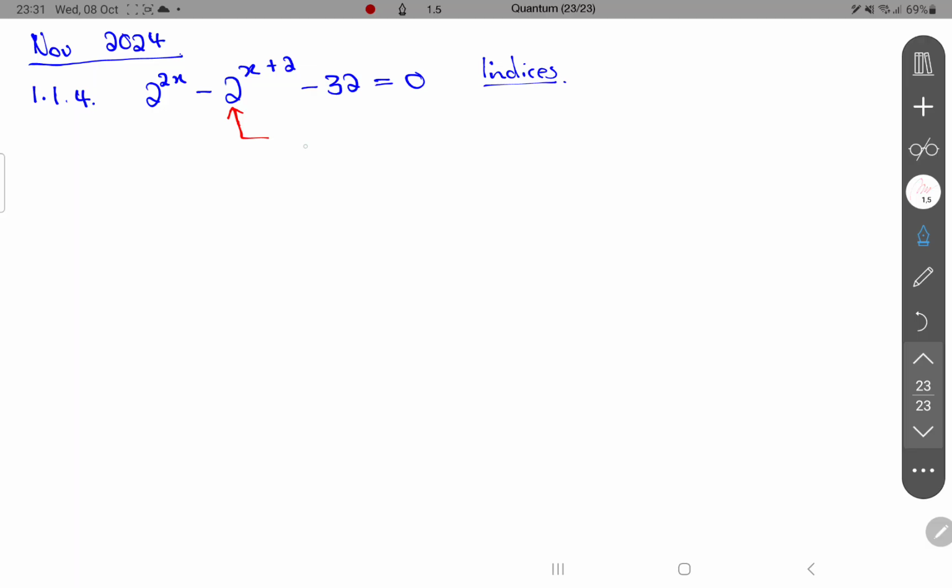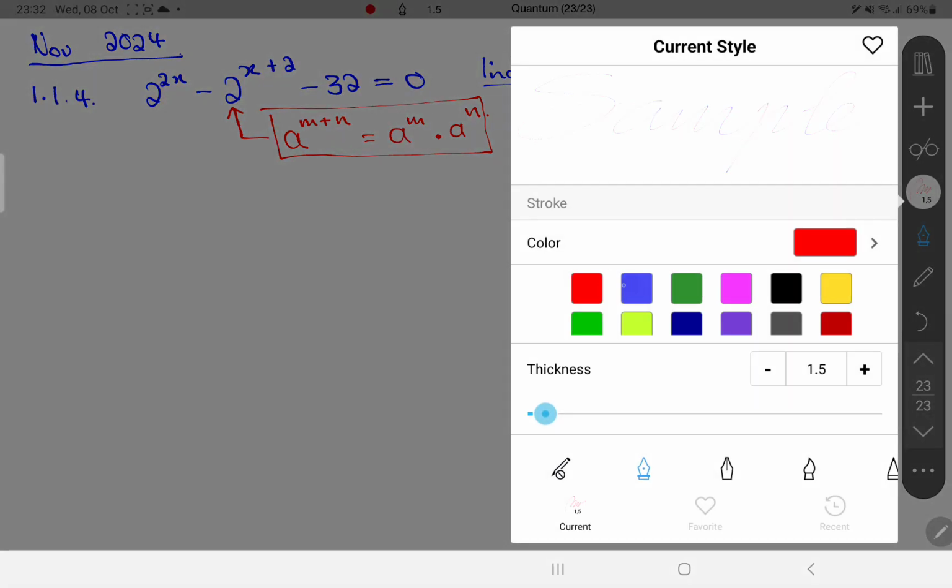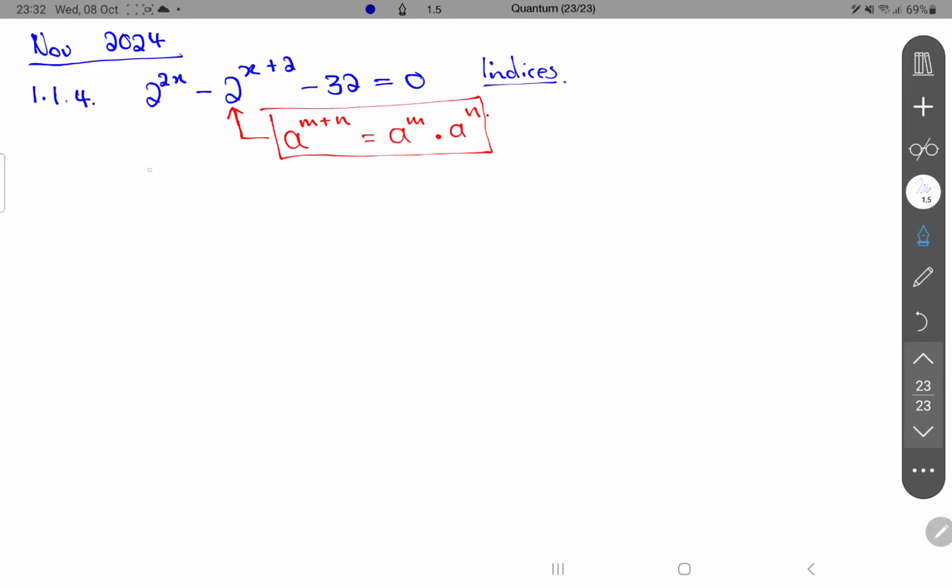Why this one? Because we have a rule that says a^(m+n) is equal to a^m times a^n. This is the law of indices. With that, we can now say 2^(2x) minus 2^x times 2^2 minus 32 is equal to 0.